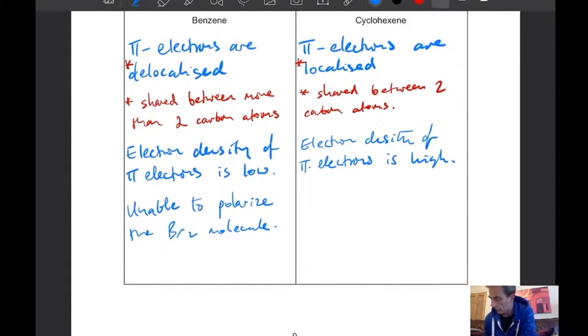Whereas cyclohexane, because it's got a high electron density for the pi electrons, can polarize the bromine molecule. Hope this is all making sense, by the way.